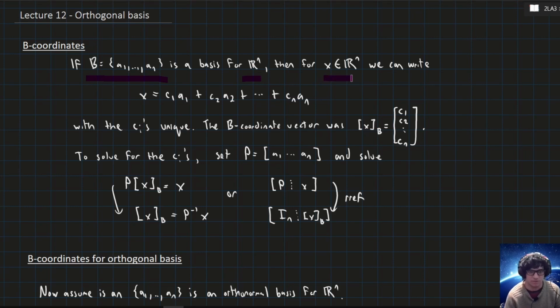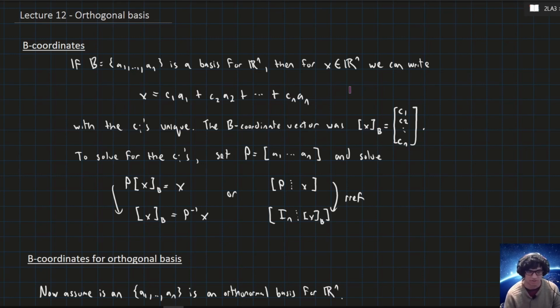Then for x in Rn, we can write x as a linear combination of the basis elements, and the weights, or the coordinates, the Ci's, will be unique. We call this x_B the B-coordinate vector, which just has the weights C1 through Cn which satisfy this equation. So how do we solve for that?